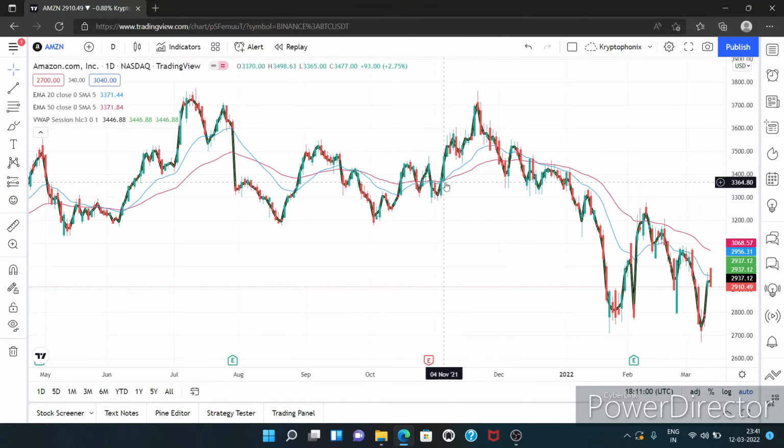Okay, this point over here, a buy crossover, bullish crossover is being formed where the 20 EMA moved above the 50 EMA and the price is trading above the VWAP. Okay, now this point over here, a crossover where the 50 EMA breached the 20 EMA, moved above it, and the price of Amazon is trading below the VWAP.